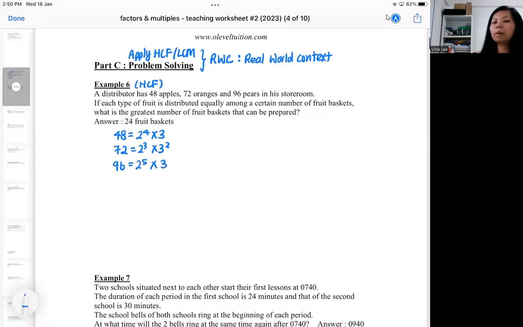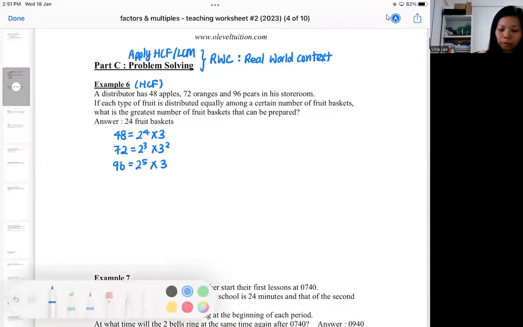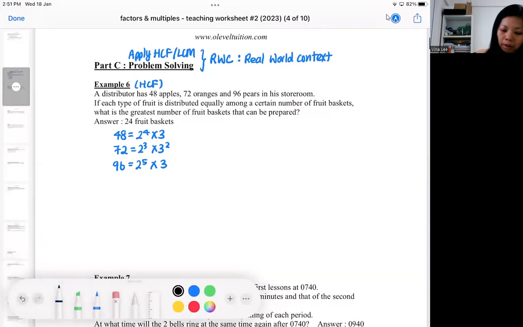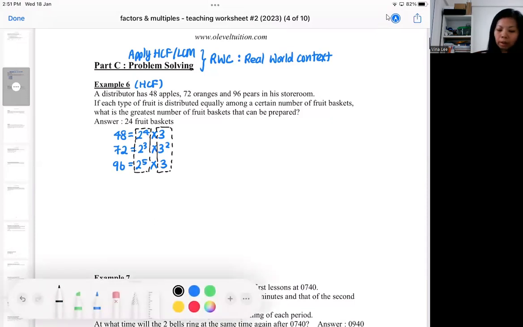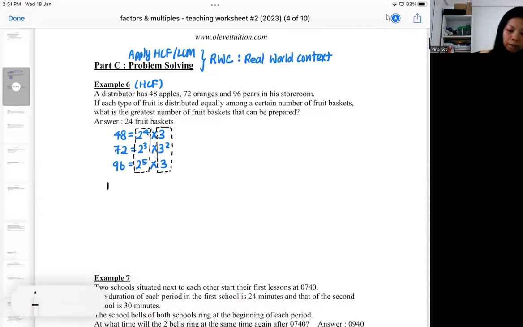After the prime factorization, your aim is to get a HCF. Before you try to get the HCF, make sure they are in the same group. If not, you got to represent the group so that you can do your HCF. So let's recall, how do you get the HCF? You will get the HCF by taking the highest power in each of the family.